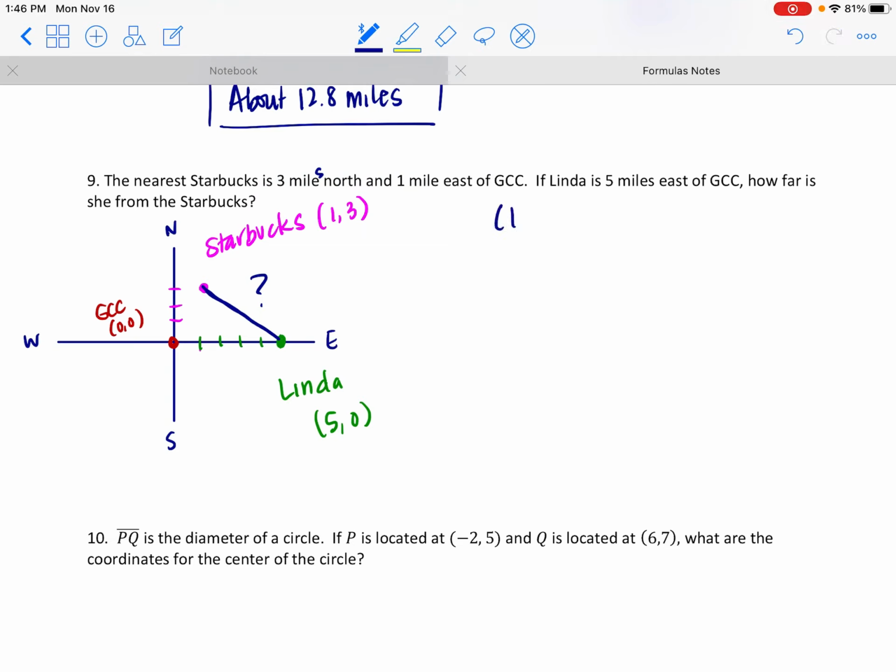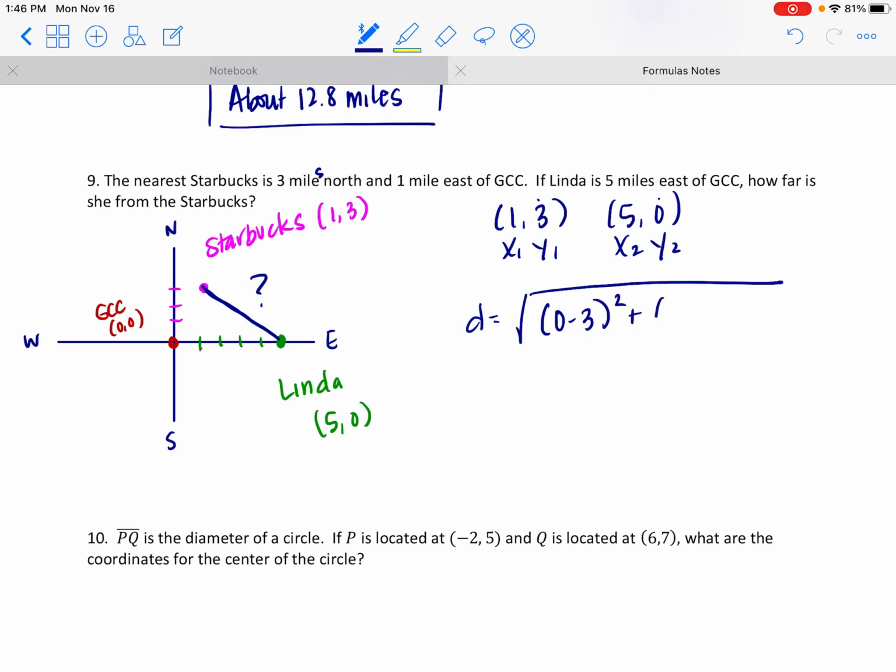Distance between 1, 3 and 5, 0. So x1, y1, x2, y2 is going to make our distance the square root of y2 minus y1, which is 0 minus 3, that gets squared. x2 minus x1 is going to be 5 minus 1, and that gets squared.